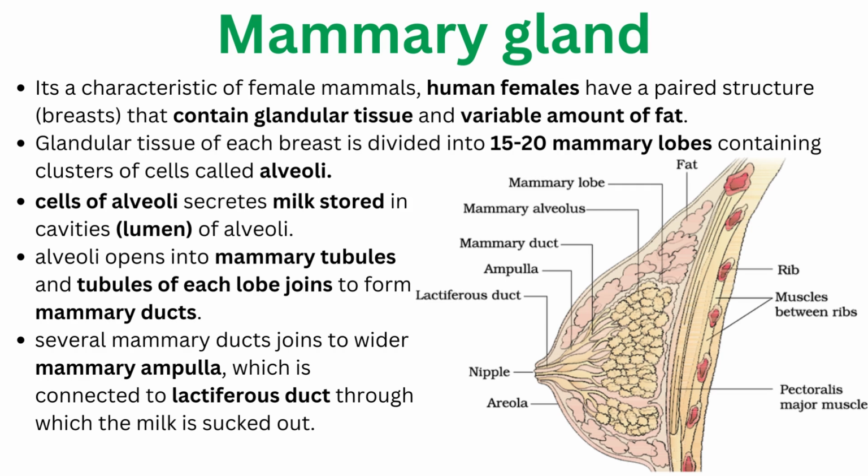The cells of the alveoli of mammary glands secrete milk, which is stored in cavities called the lumen of the alveoli. Alveoli open into mammary tubules, and the tubules of each lobe join to form a mammary duct. Several mammary ducts join to form a wider mammary ampulla, which is connected to the lactiferous duct through which the milk is sucked out.